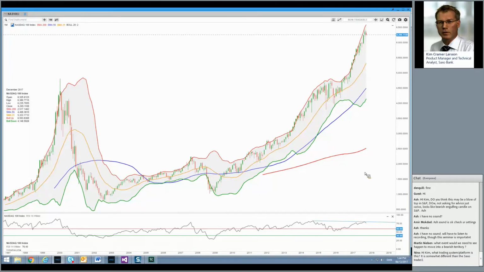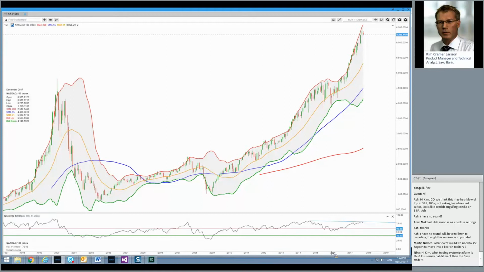There is imbalance in the market. The moves are not that strong. So we will look out for top formations in the market and see if it gives us anything. Currently, there is no top formation, but let's see if we will get any in the coming weeks or months.